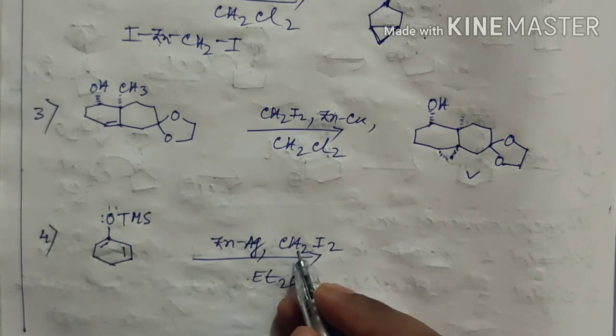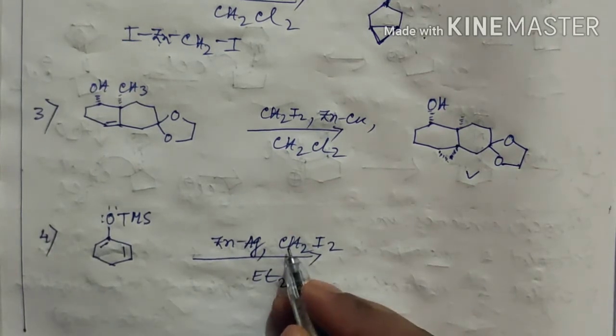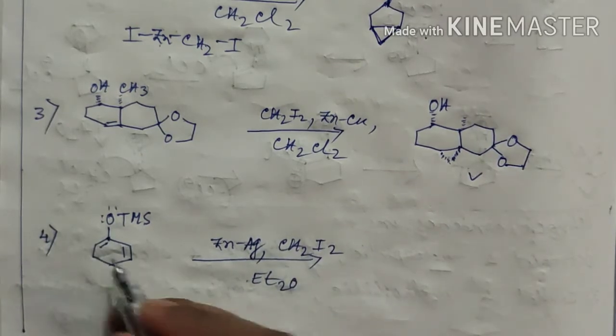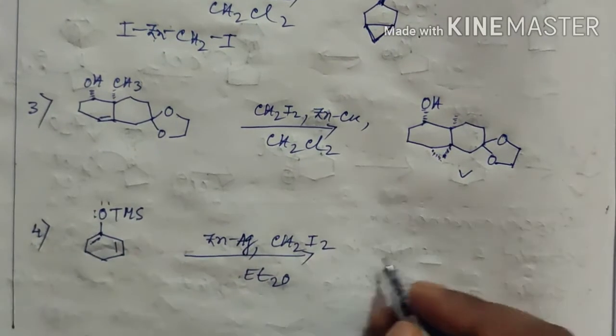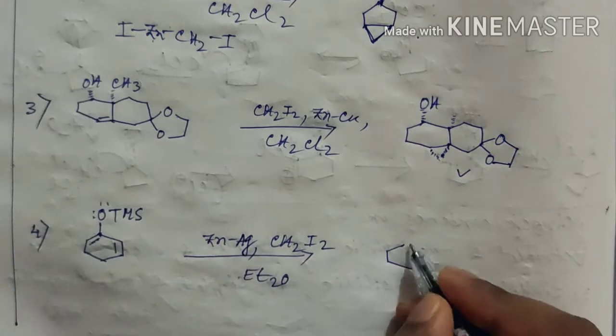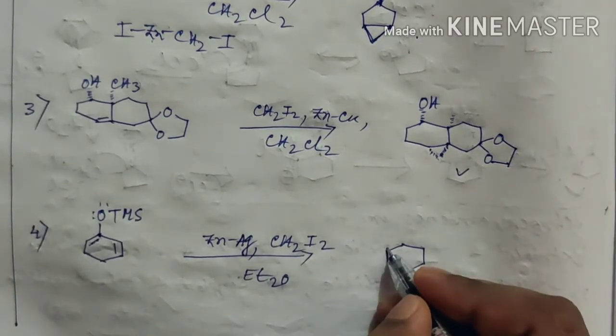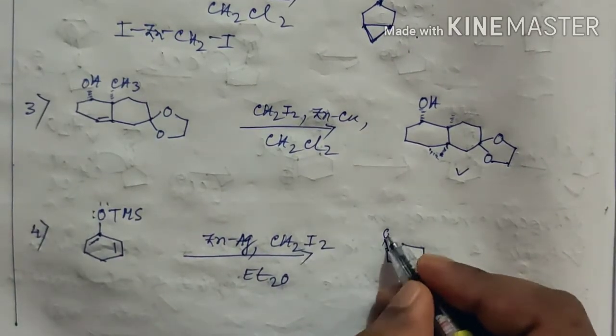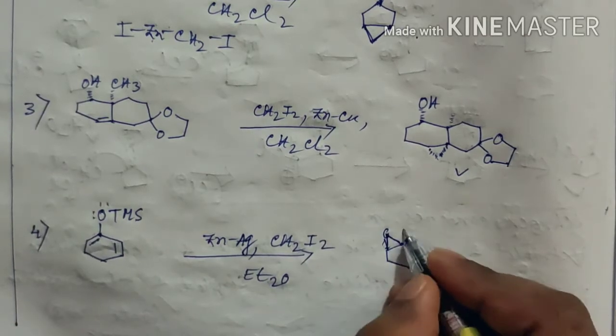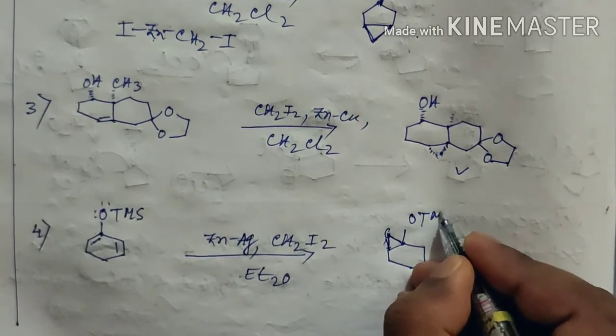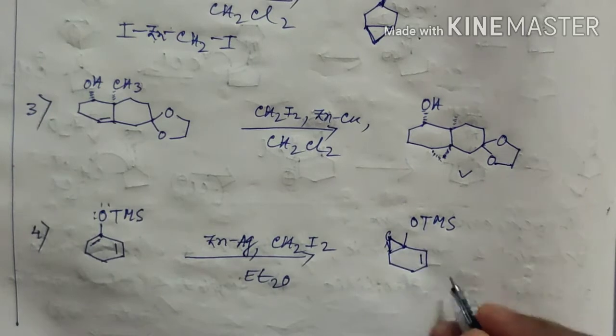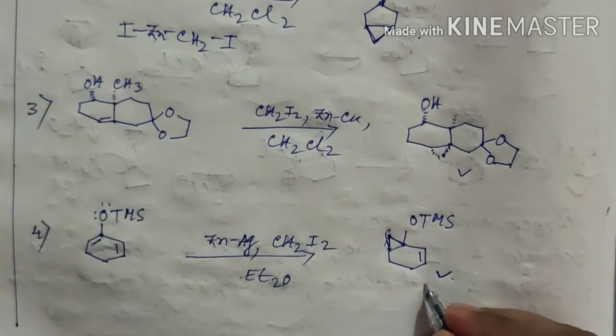So the chemoselectivity of CH2 addition, that is cyclopropane ring formation, will occur with the more electron-rich olefin. So the cyclopropane ring formation will occur at this olefin, and the other will remain intact. So this will be the major product.